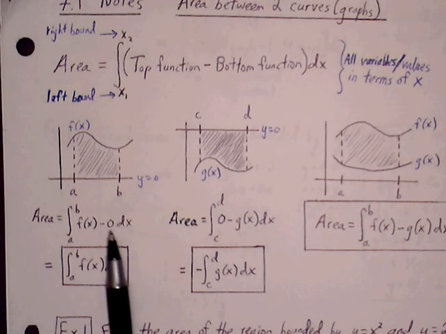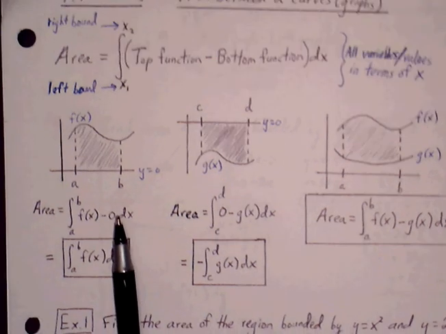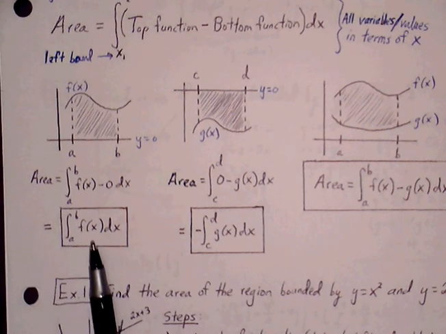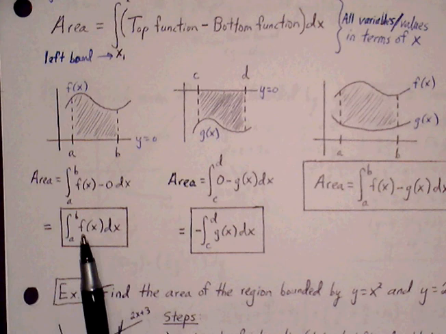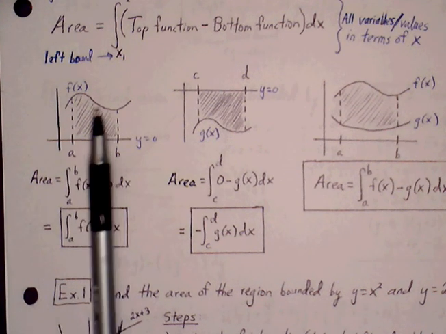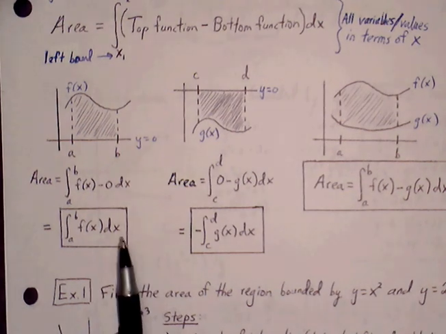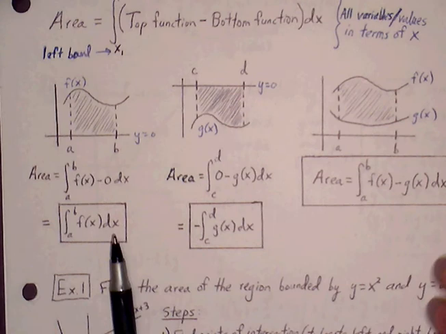So really, we're doing top function minus bottom function, but we never really had to talk about this before because this minus 0 would always just go away, and we would just do the definite integral from our left bound to our right bound of f of x dx, and that will give us the shaded region between the graph and the x-axis. That's what we've always been working from before, right?